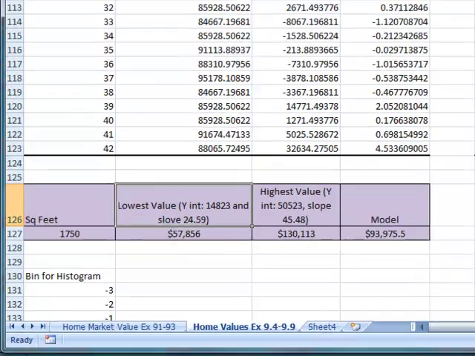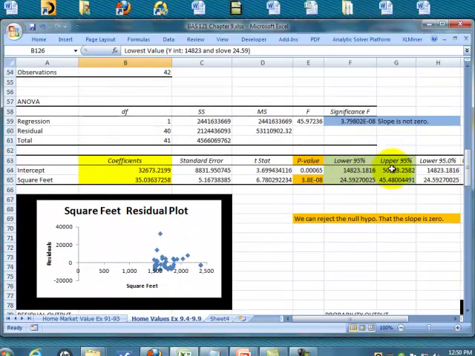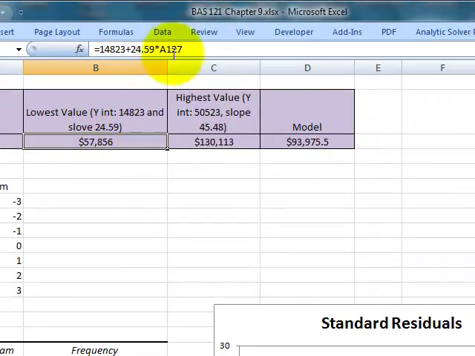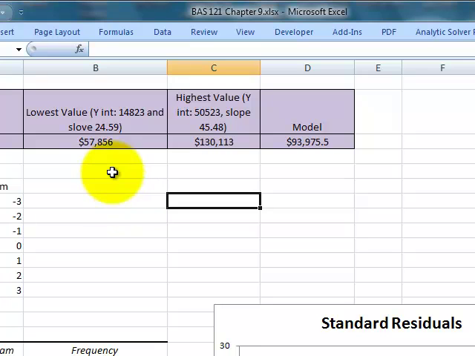What we did here is we took, notice here, our 95% intervals for our intercept and our square footage. You can take those values, put those into the equation for the low end, put those into the equation for the high end, and now it allows us to say, we're 95% confident that a 1,700 square foot house will cost somewhere between $57,000 and $130,000.